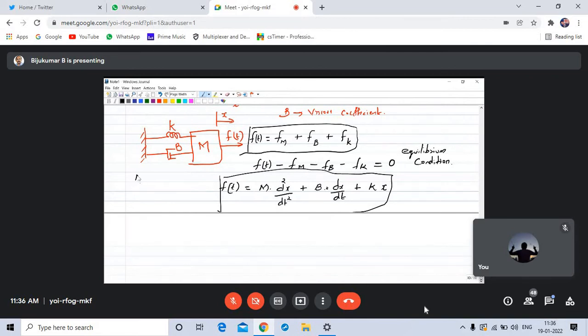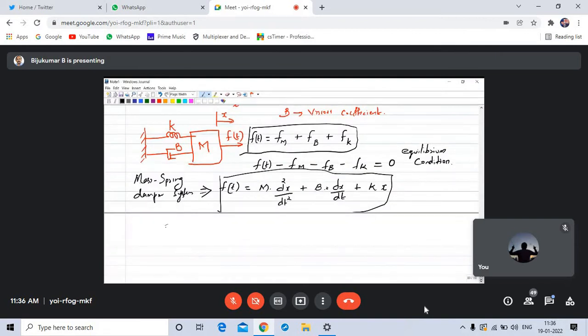We can call it a mass spring damper system. For a mass spring damper system, this will be the governing equation. And what is the order of the system? Second order. Yeah, second order, because the highest order of the derivative is 2.